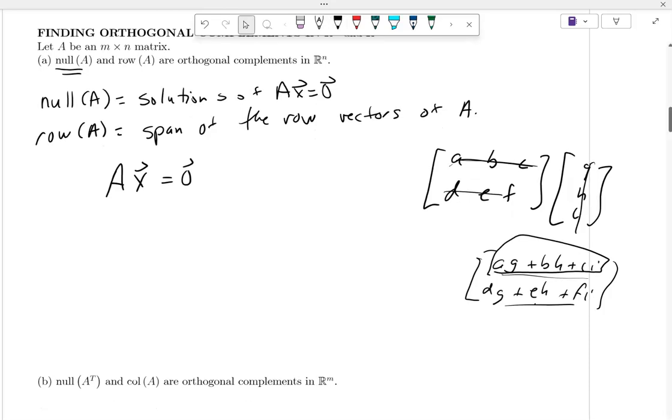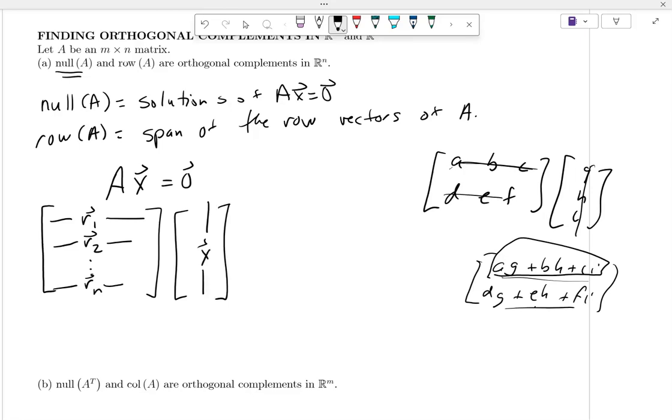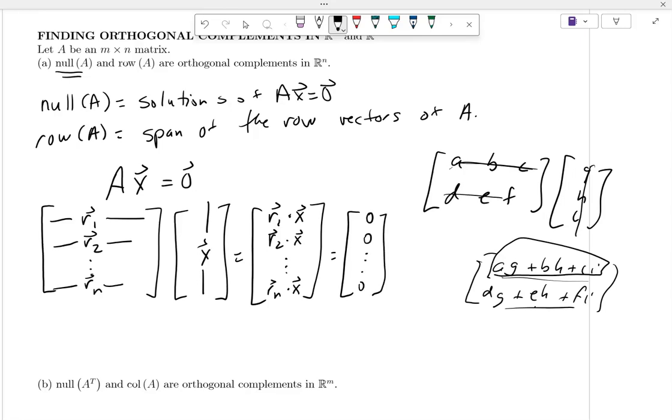Going back over here, if I think of my matrix A as made up of these row vectors, and X is a column vector, then I get a vector where the first component is R1 dotted with X, the second is R2 dotted with X, all the way down to Rn dotted with X. Now, if I want that equal to 0, what does that say about R1 and X?